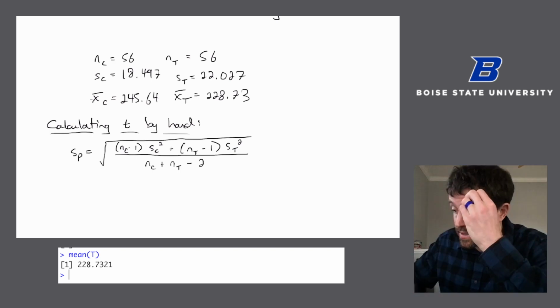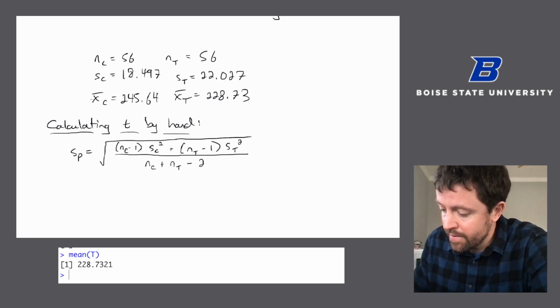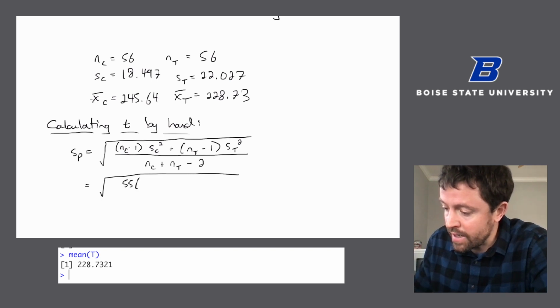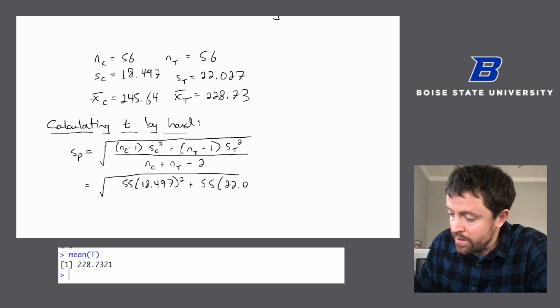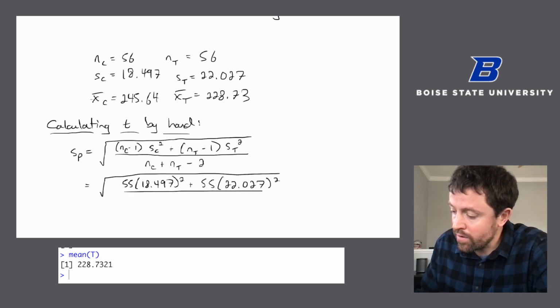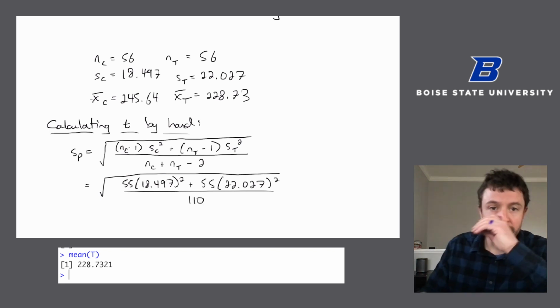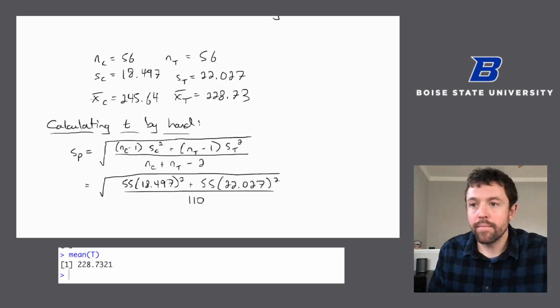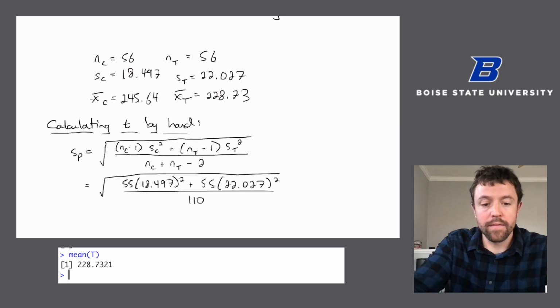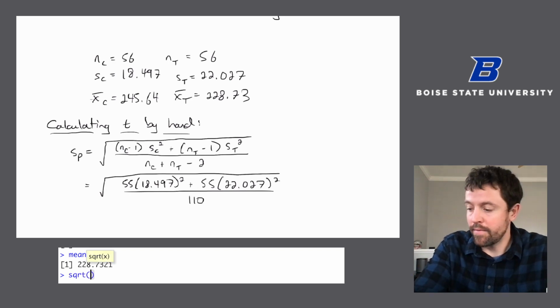And so in this case, that would be, n sub c minus 1 is 55, times 18.497 squared, plus 55 times 22.027 squared, over 110. And so let's type that in. And let's be really careful here. We need the whole numerator.